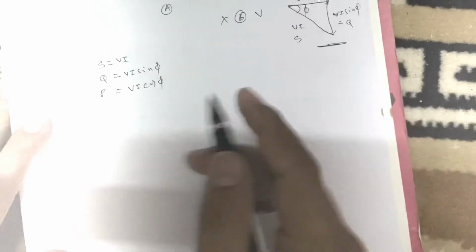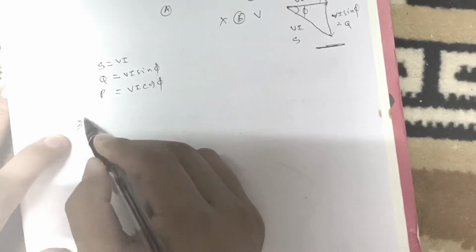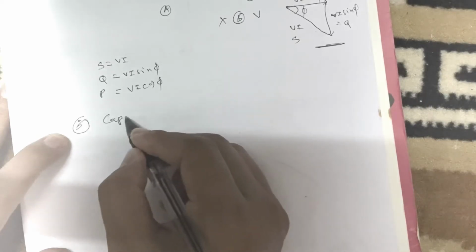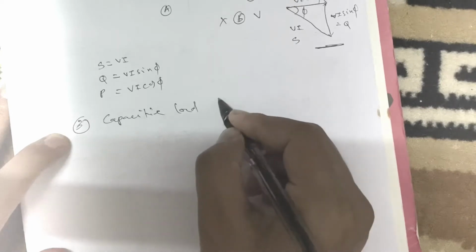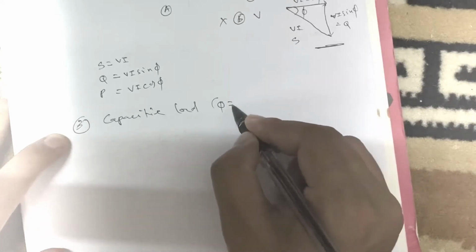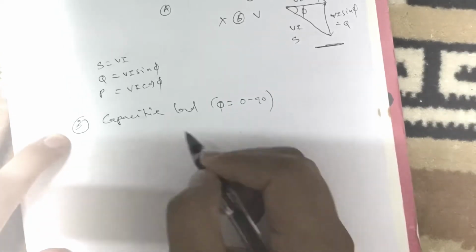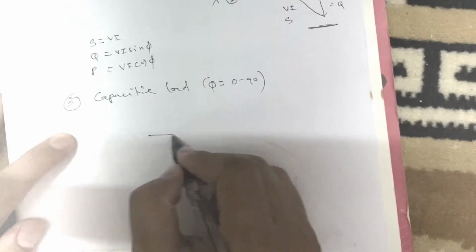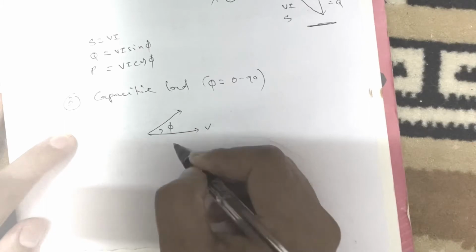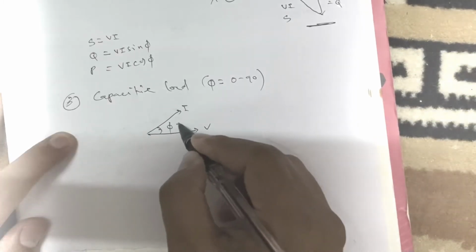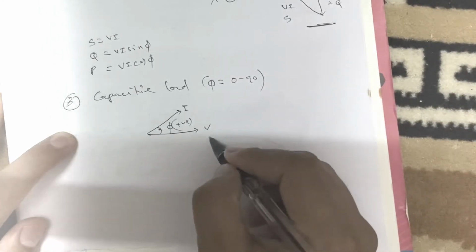And then for the capacitive load, your phi will be between again 0 to 90 degrees. In this case you'll have the voltage, and here you'll have the current, and the current is leading the voltage.